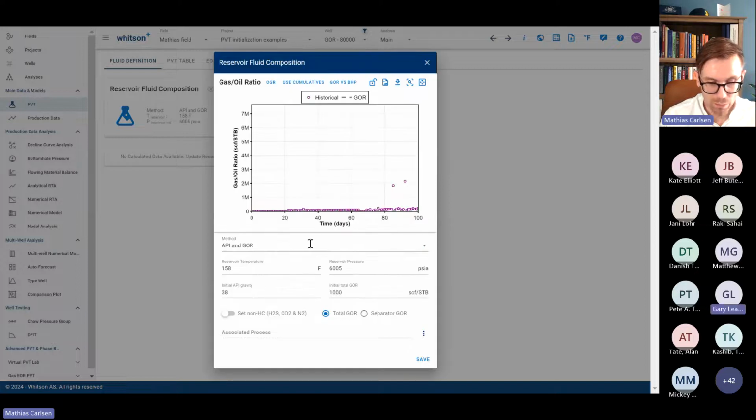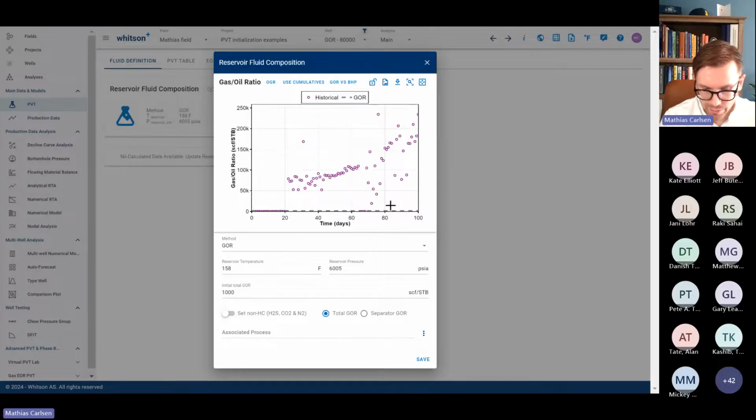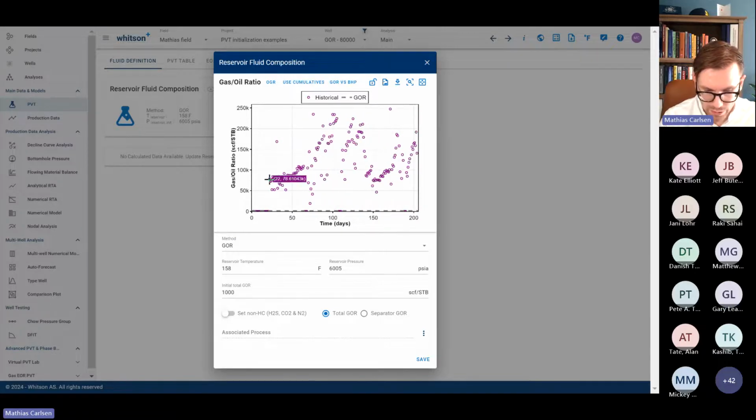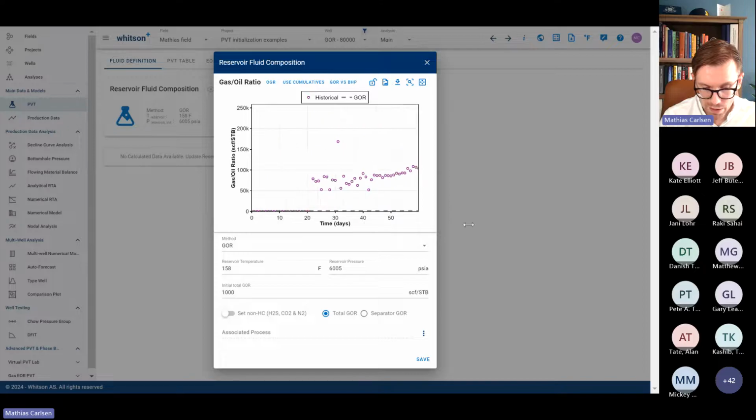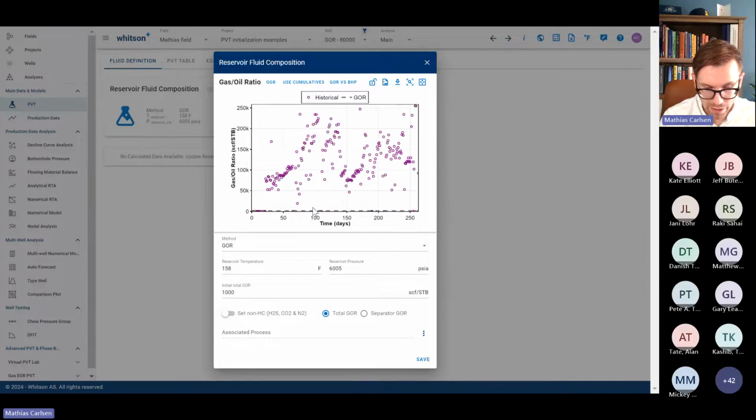The second to last run is a very, very lean fluid. So lean that some people probably would just say, okay, this is a gas, or this is a wet gas. But here again, the saturation pressure for this well is changing. It's initially 75,000, 80,000, and then it goes up. And unless this is a measurement issue, if this is a real reservoir response, you know that this should be classified as a very lean gas condensate well, around 70,000 scf per barrel.